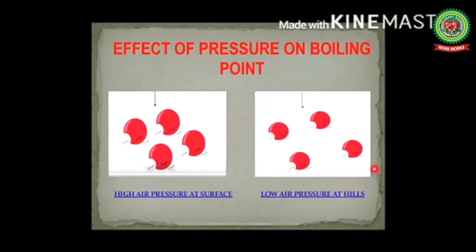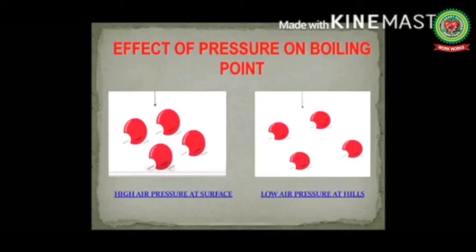At hill stations, due to less atmospheric pressure, these water molecules are already a bit more separated. The intermolecular spaces are already more. So less energy is required by these molecules to get separated and converted into steam. Fine.